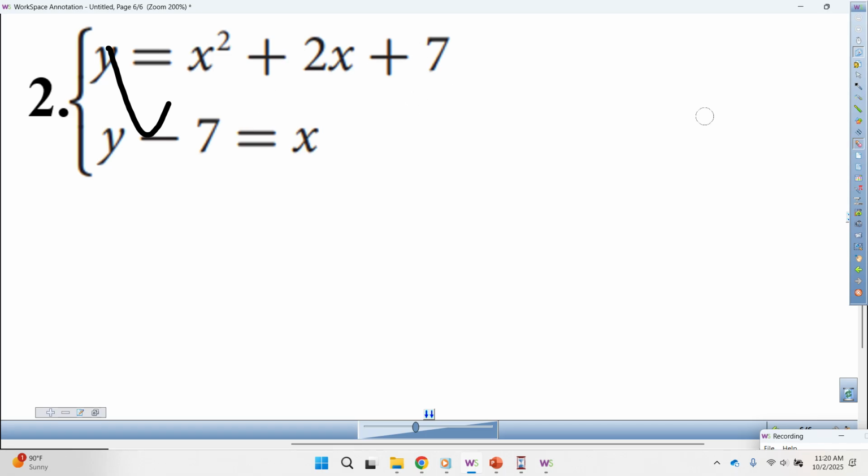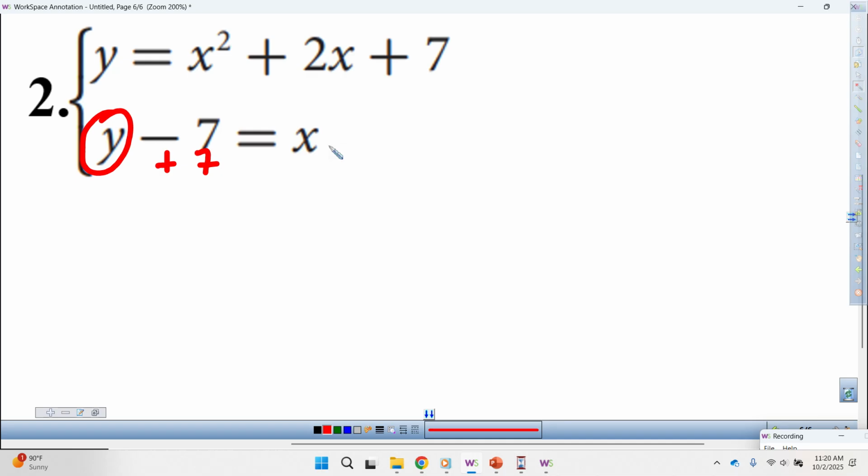All right. So the process is the same. First things first, I'm going to leave y by itself. So I add 7 to both sides, and I end up with y equals x plus 7.